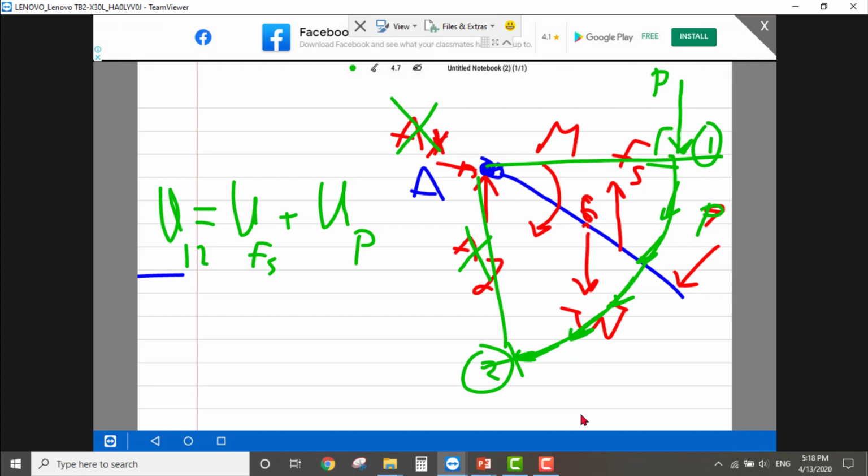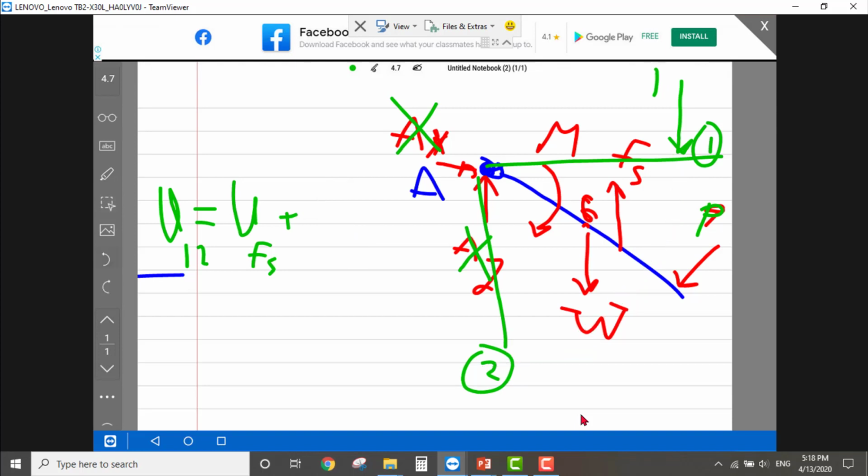How about the weight? The weight is the same. Here is the weight at the beginning, and at the final stage, here is the weight.